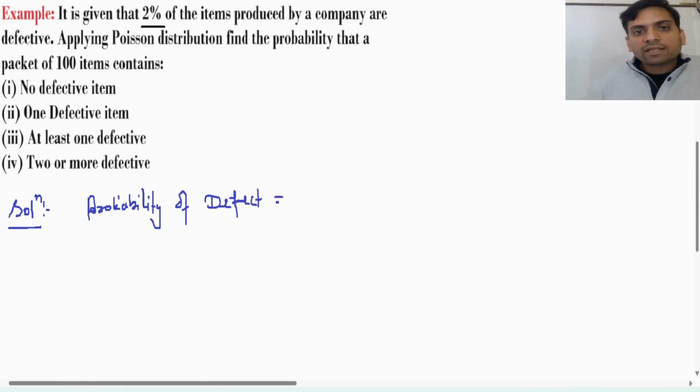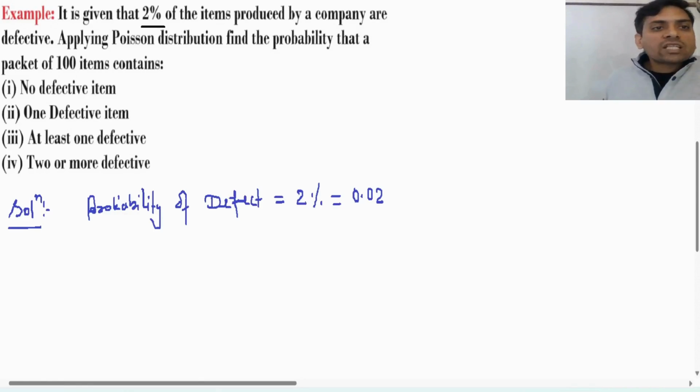Probability of defect is 2%. And you can write this 2% as 0.02. Clear? Now we will decide whether this is P or Q.